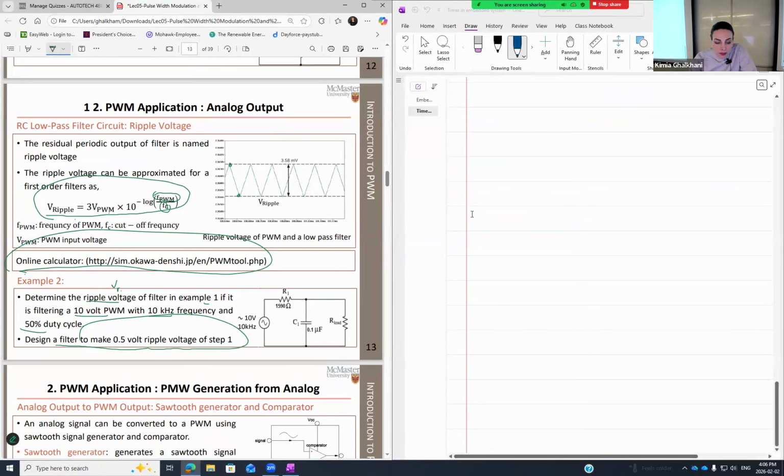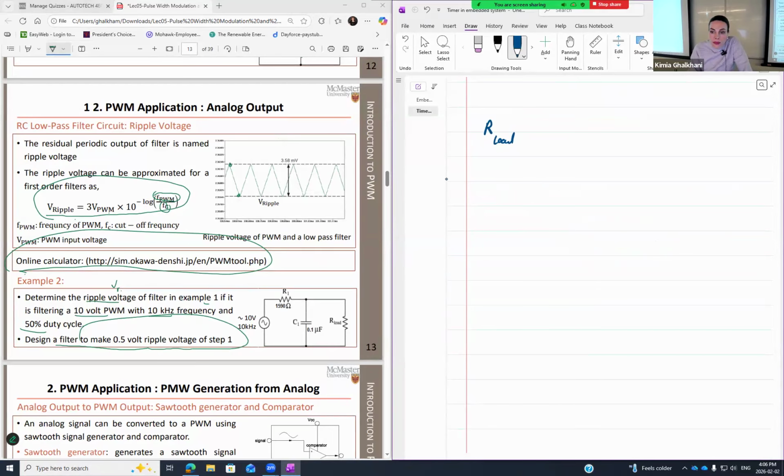Let's do this quickly. So now, I'm going to look at the R load to be 100 kilo ohm. And based on that, just calculate the frequency of the capacitor again. Same equation, 2 pi.